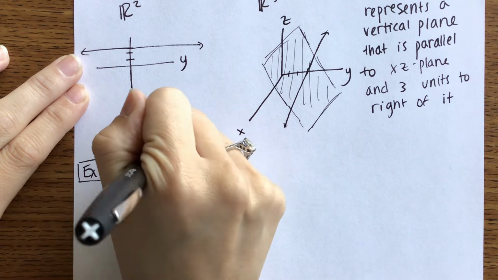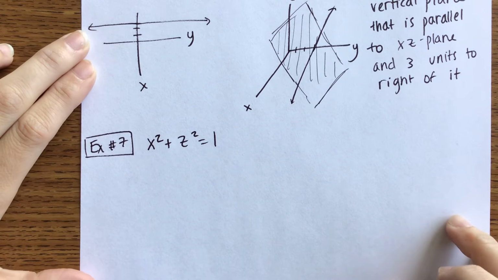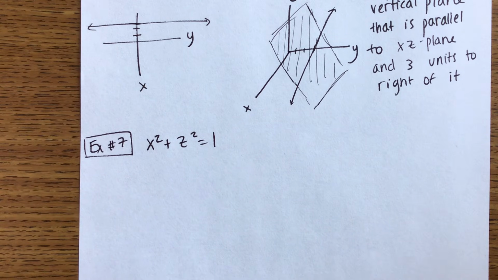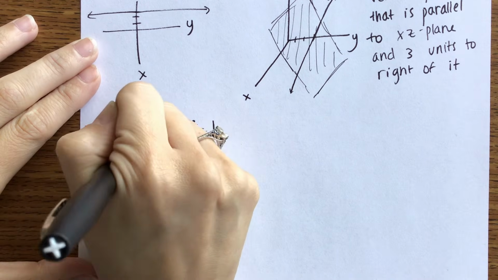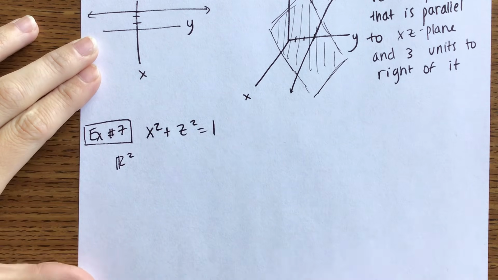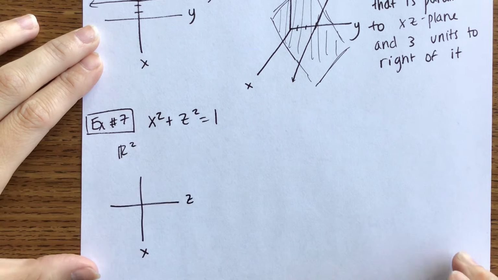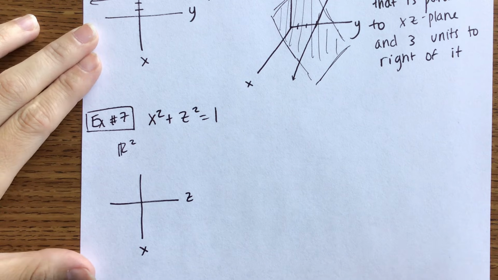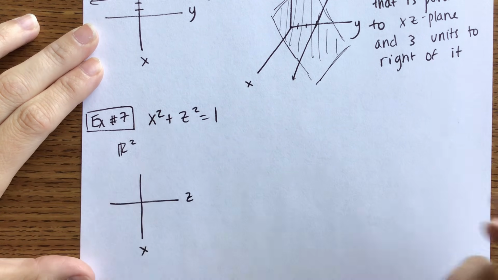Next one, we are graphing x squared plus z squared equals 1. Like I said, you're pretty much going to be graphing just with 2 variables. If we graph this in R2, our axes are going to be x and z. On the xz plane, what would this be?